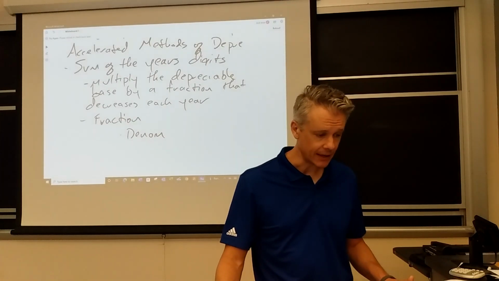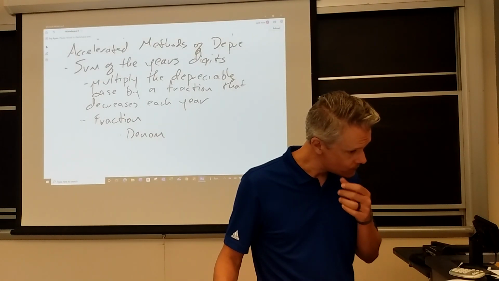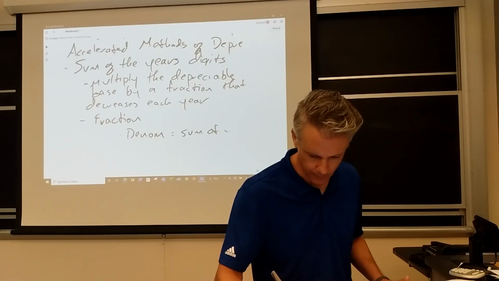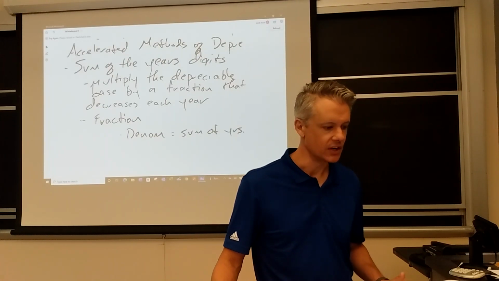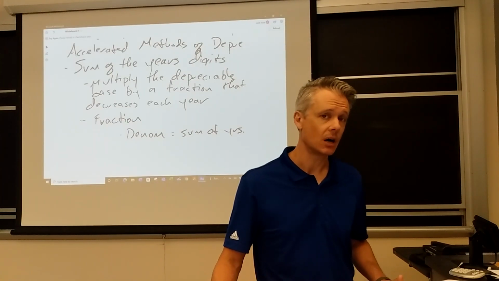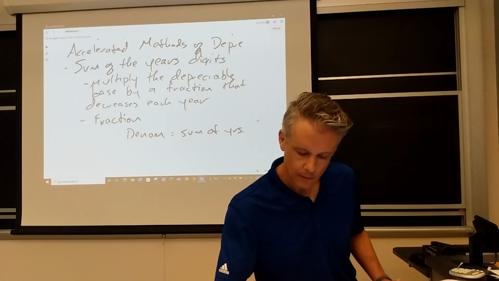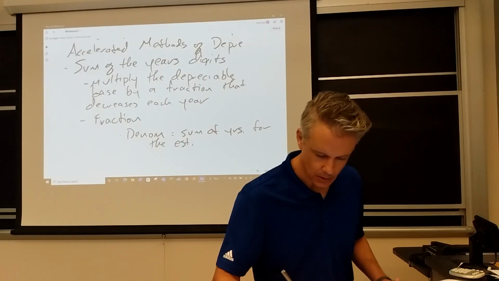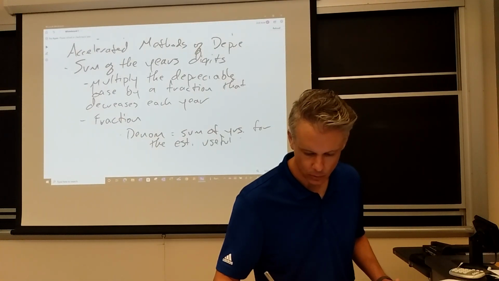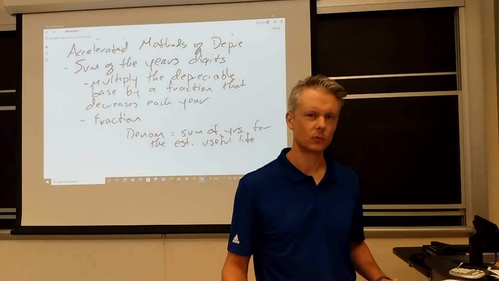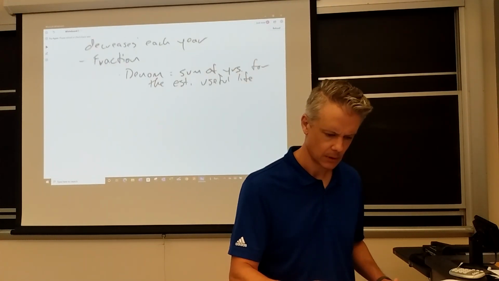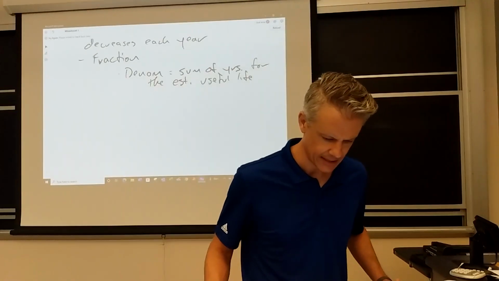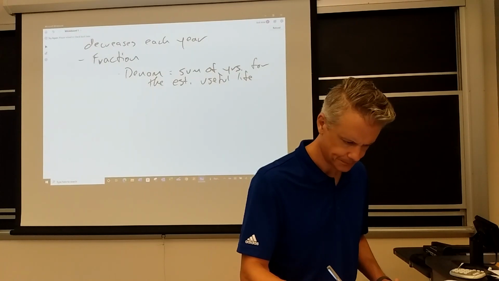The denominator is the sum of the years for the estimated useful life. We'll look at that example in a second. Let's get these notes down. So the denominator is the sum of the years for the estimated useful life.